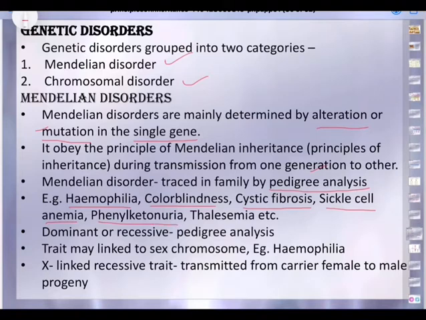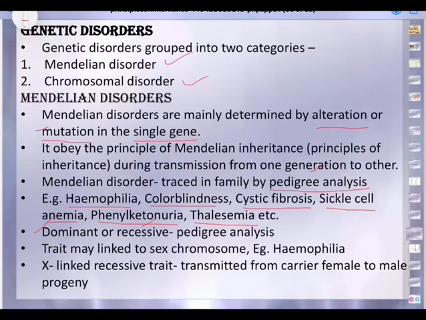Out of that, some of the disorders we will be studying in this class: hemophilia, color blindness, cystic fibrosis, sickle cell anemia, phenylketonuria, and thalassemia. So these are the various genetic diseases that we will be studying.